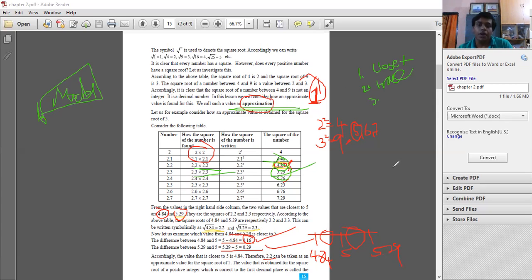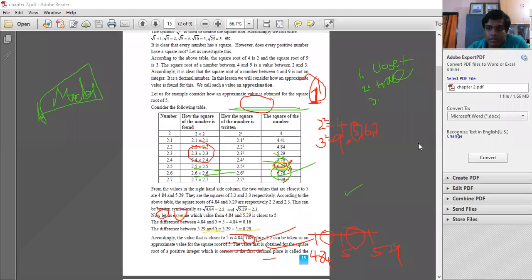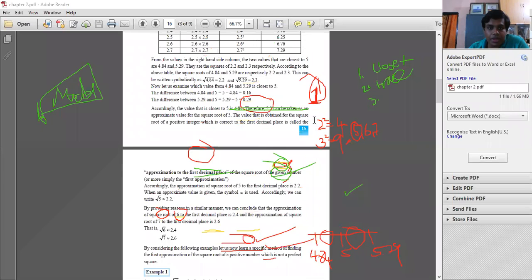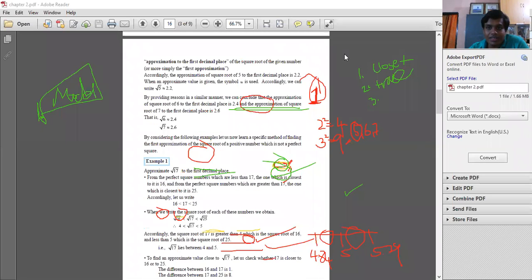Simple as that. Anyways, now I will type this in the recap session. Today I will be typing the steps, because this is a very simple chapter and I don't want to mess it up. Now we are moving on to the next one.